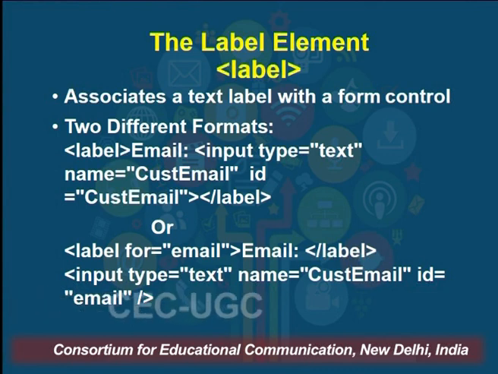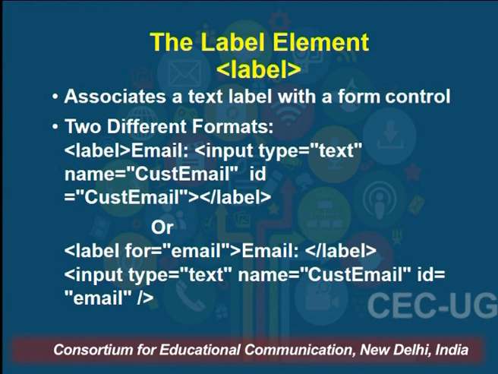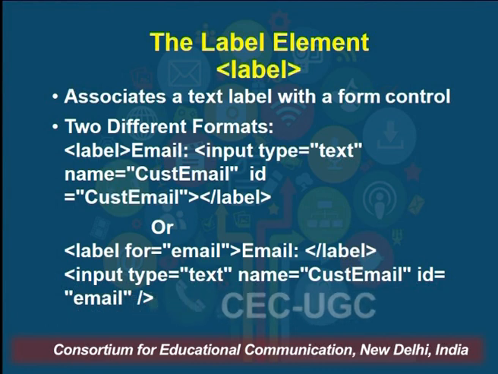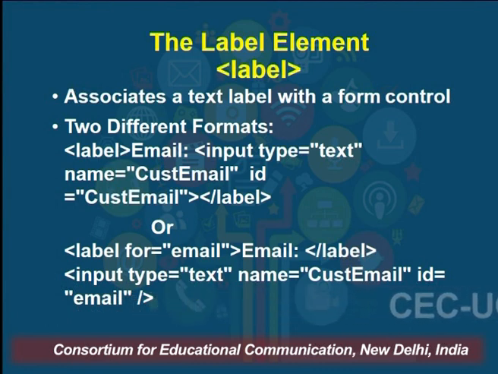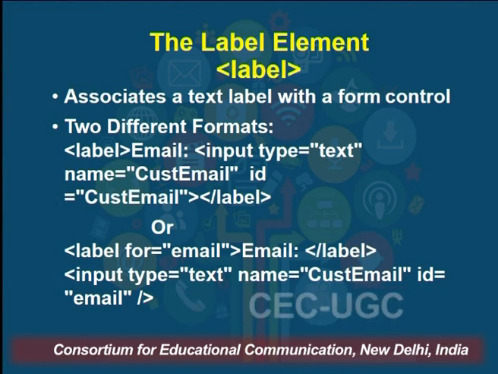There are two ways in which labels can be given to our controls. For example, if you want the user to enter the email, your label is email, so you can put both the caption as well as your input tag within the label. This is one way of doing it. Another way is that you write label for email, write email and close the label, and then your input type is equal to text follows.